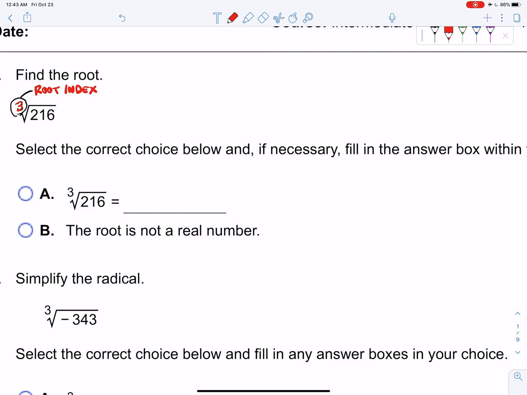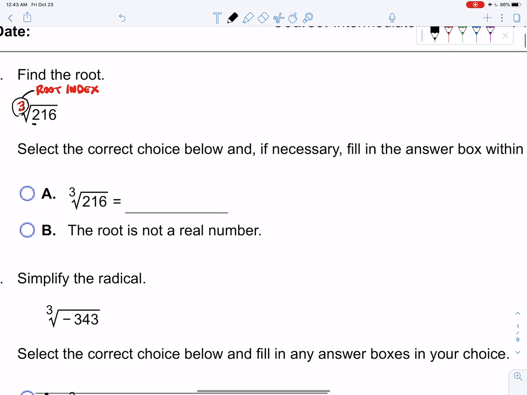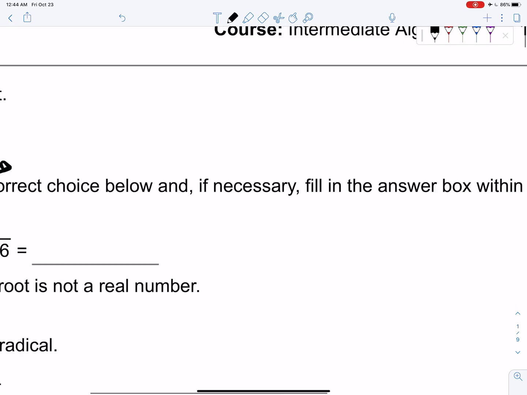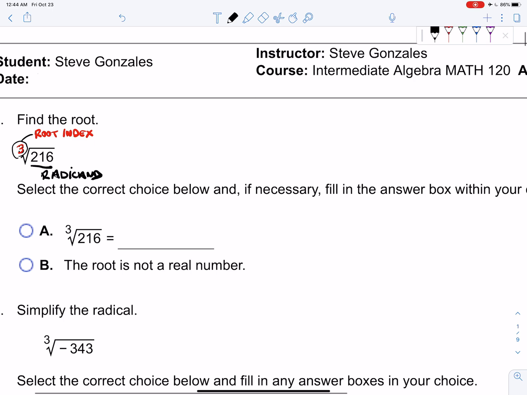And this number inside here is called the radicand. It's just nice to know what they're called, so when I refer to them. So you take that radicand, and prime factoring it would work, but prime factoring can take quite a bit longer.